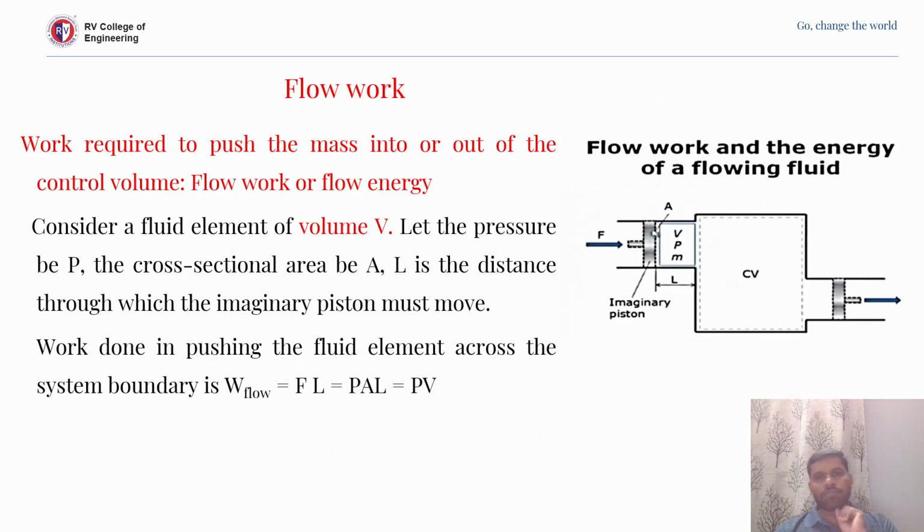Flow work is nothing but the energy required to push the mass into or out of the control volume. So at the inlet, the fluid is pushed to a distance L. The flow work is nothing but force into the length which is pushed. So force can be written as pressure into area, and the flow work is equal to PV.